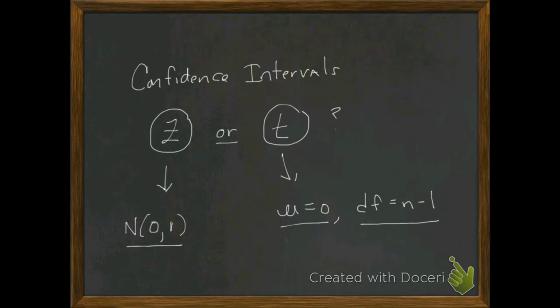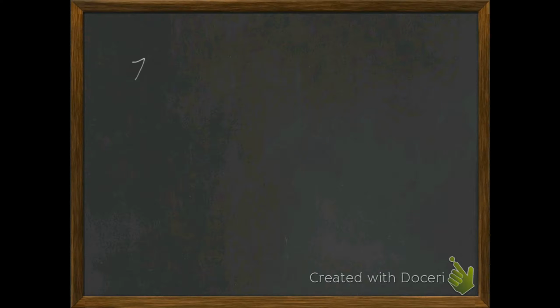Now, let me give you an illustration. Again, you may or may not share this with your students, but let's think about the z distribution in what I would call a z interval. And let's say, for example, that sigma is known and mu is unknown.